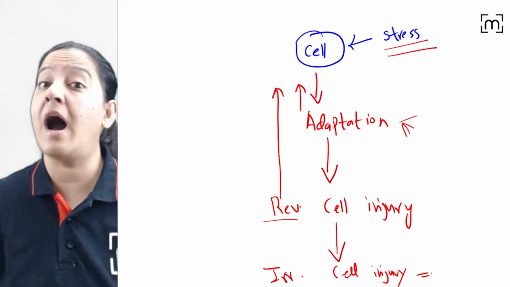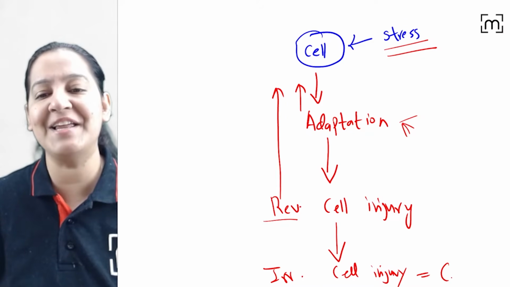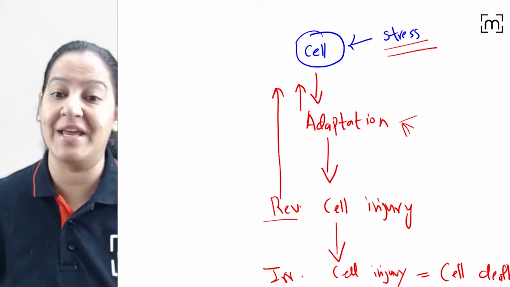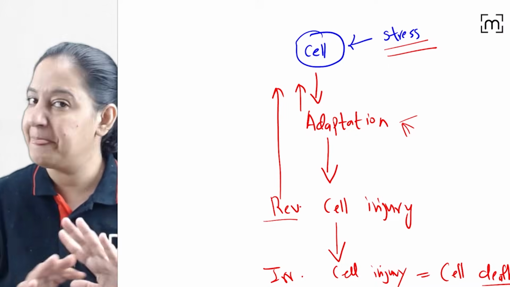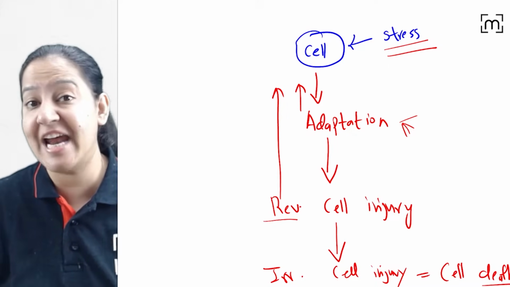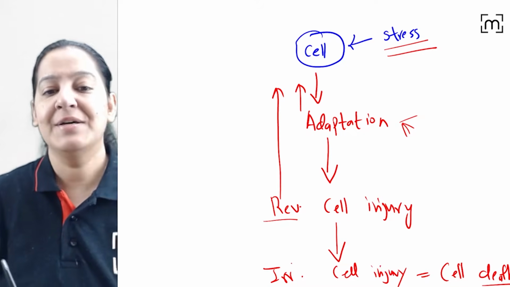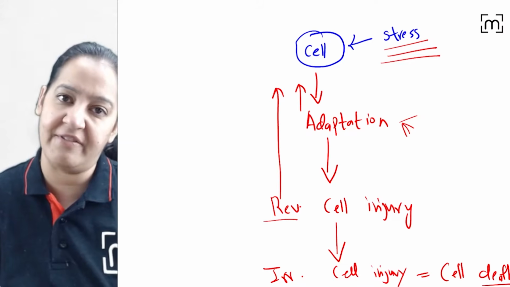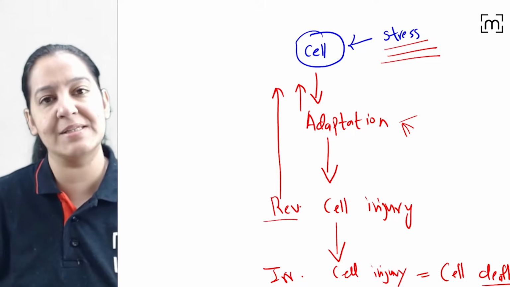Do you know the other name of irreversible cell injury? It is cell death. Cell death is nothing else but irreversible cell injury. Once the cell is dead, you cannot make it alive again, even on removing the stress. It is of 2 types, apoptosis and necrosis.